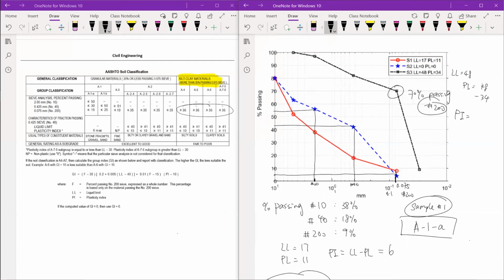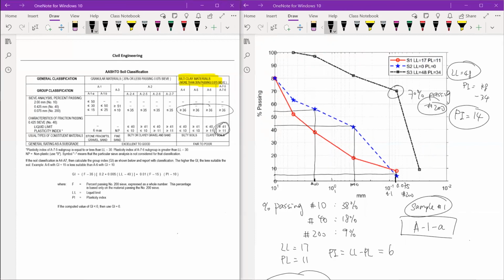The PI value is 14. For the case where the liquid limit is greater than 41 and PI is greater than 11, pretty much we're here, because both conditions are satisfied.